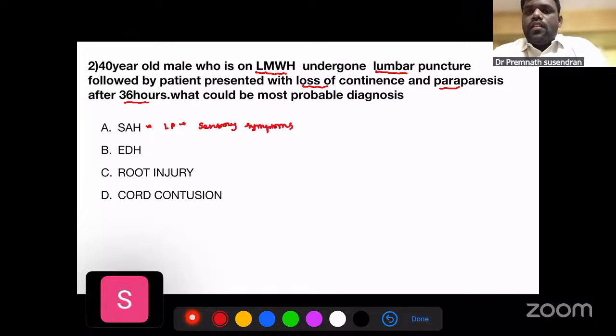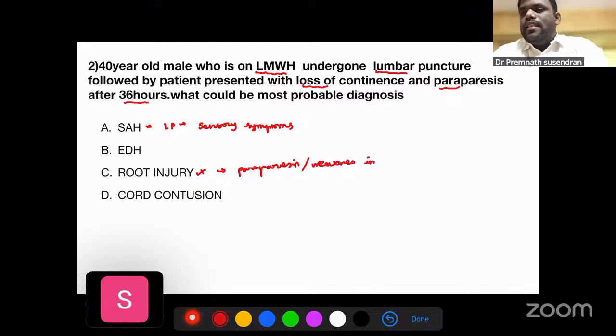Option C, the root injury. If the lumbar puncture needle causes a root injury, then the patient develops weakness on a single side, the unilateral side, where the root is injured. If it is a cord contusion, the patient will develop complete paraplegia.